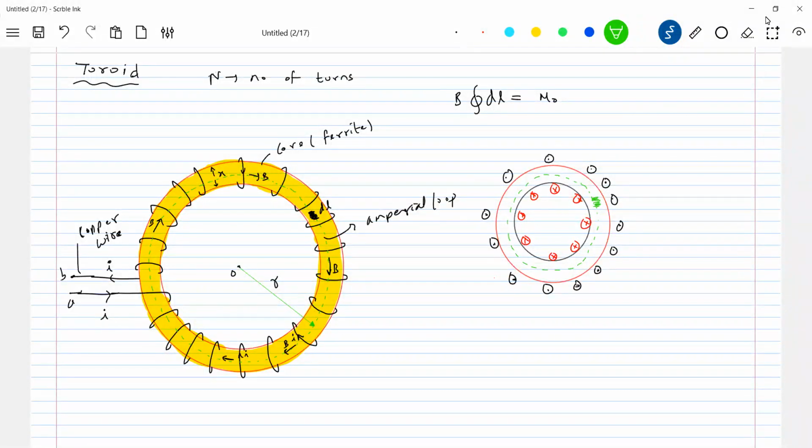Take this as r, and this is dl, and B bar is like this. I think I'm giving enough explanation now. So that green colored strip is the dl. Everywhere, this will be B bar.